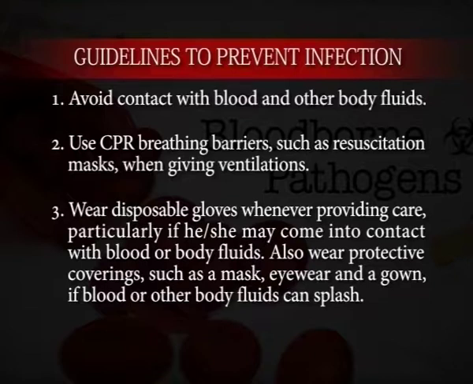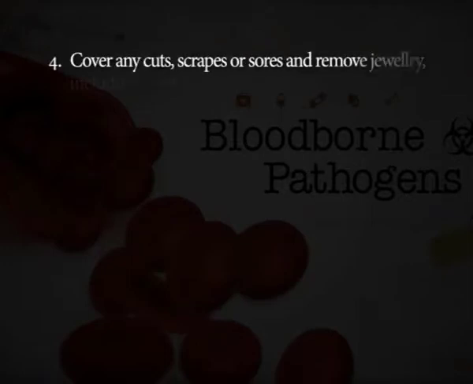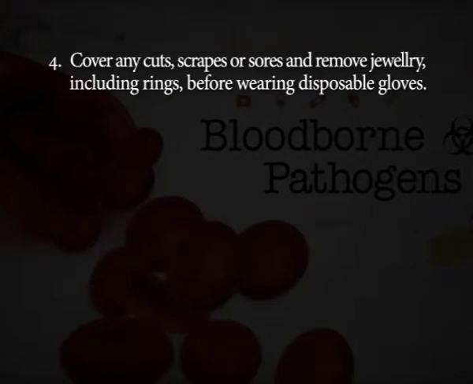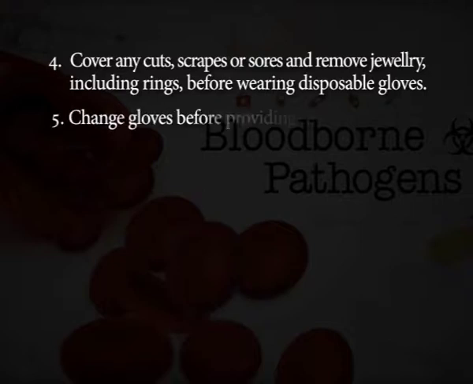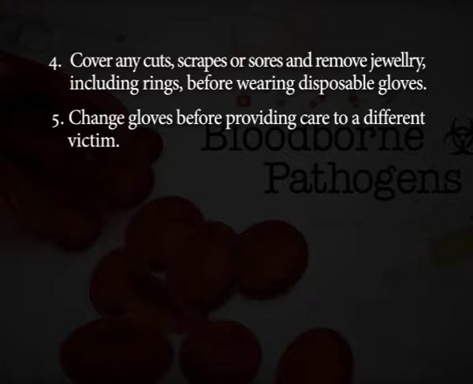Also, wear protective coverings such as a mask, eyewear, and gown if blood or other body fluid can splash. Number 4, cover any cuts, scrapes, or sores and remove jewelry including rings before wearing disposable gloves. Number 5, change gloves before providing care to a different victim.